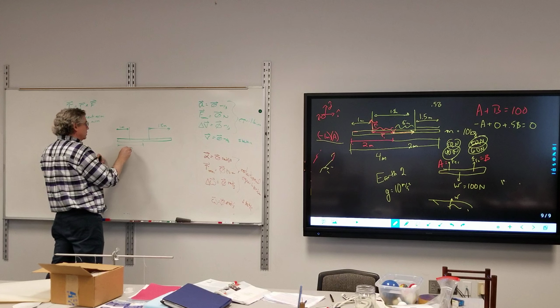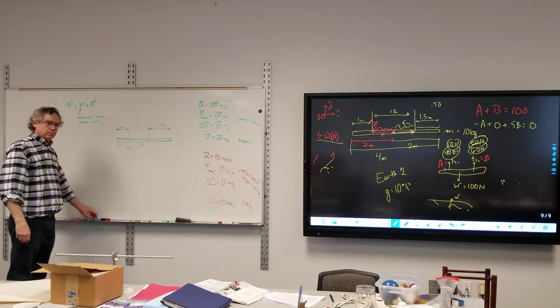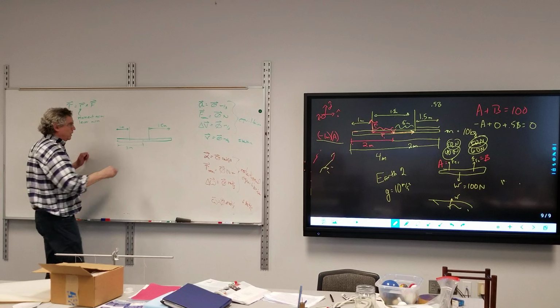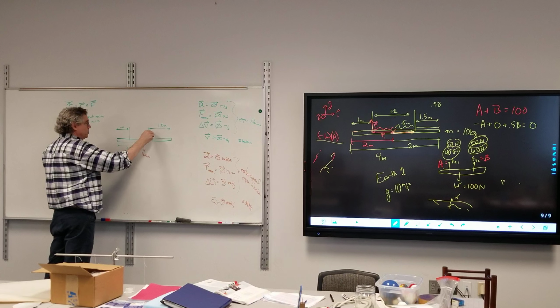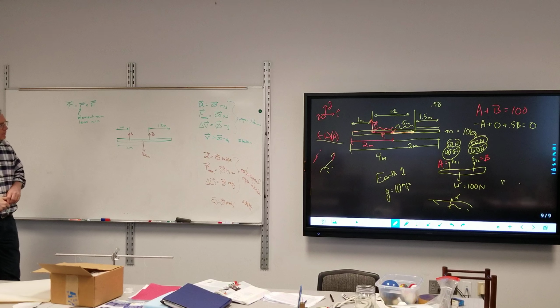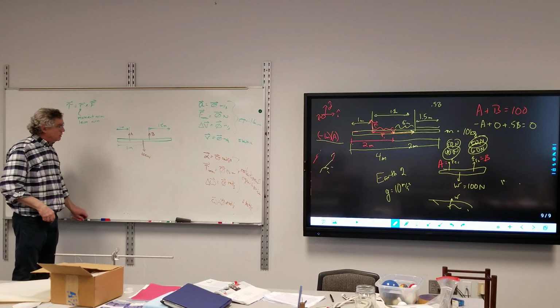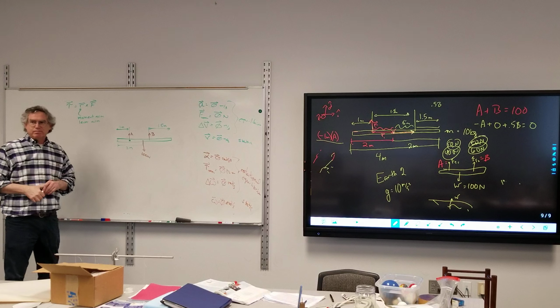That's 2 meters. I've got weight acting down here. I have 100 newtons acting down there. I've got B acting up, and I've got A acting up. So what I'm gonna do now is choose this as my axis of rotation.